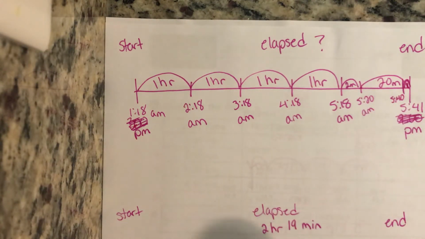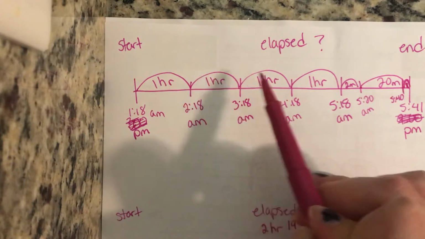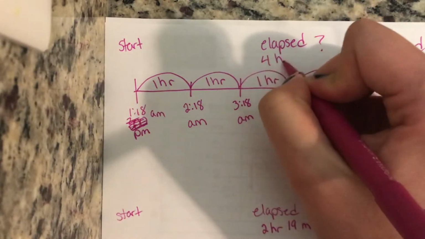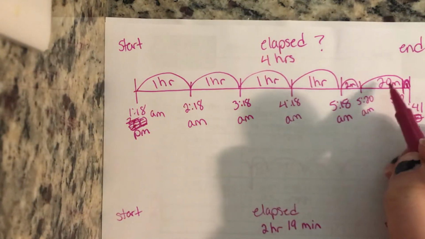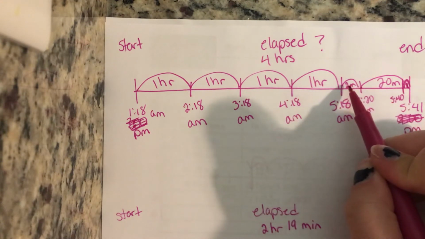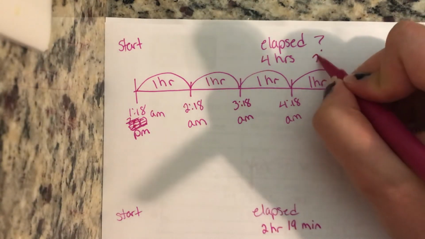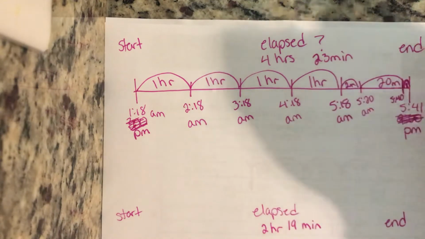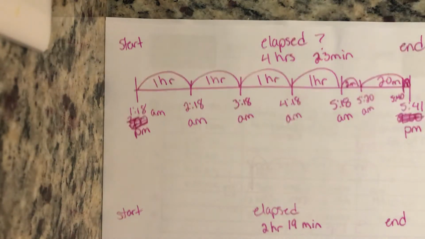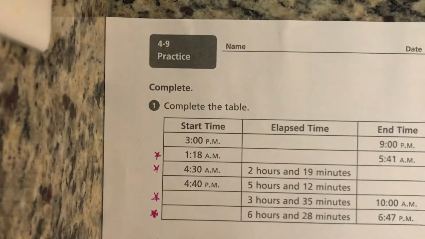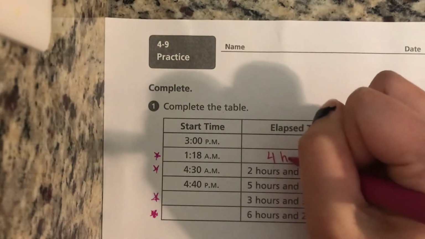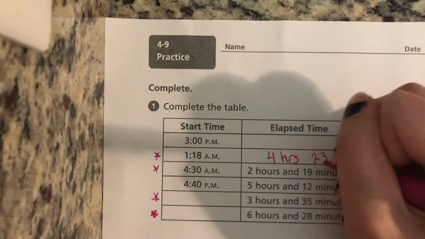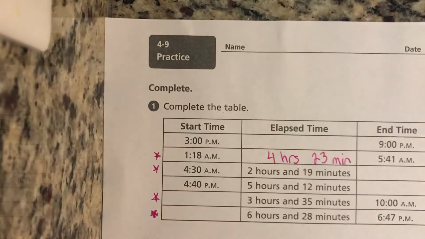So if I go back now and count, I've done 1, 2, 3, 4 hours, and I've done 20, 22, 23 minutes for my elapsed time. So we can fill that in the table as 4 hours and 23 minutes.